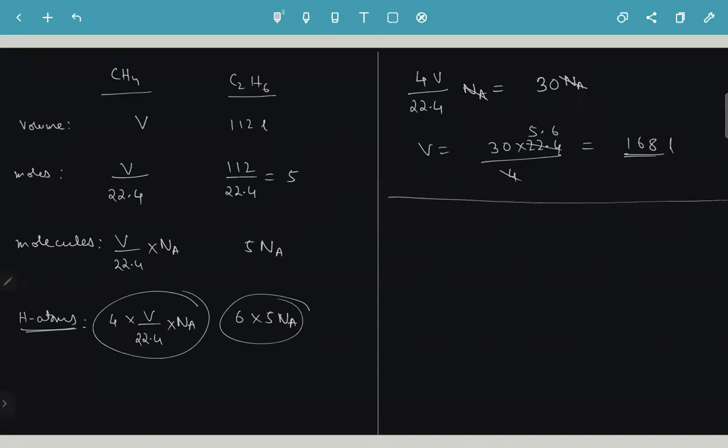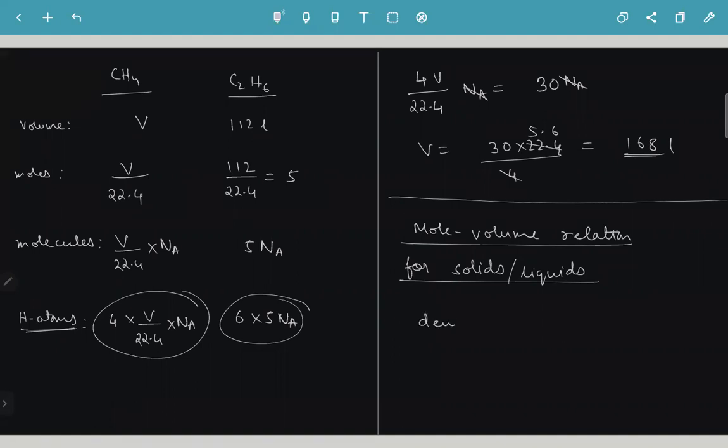Now let us quickly do another calculation. Mole volume relation for solids and liquids. For solids and liquids, we use the term density to relate volume and mass.